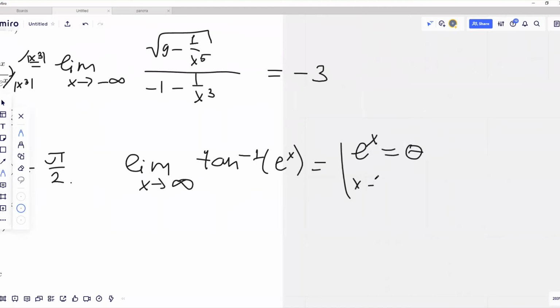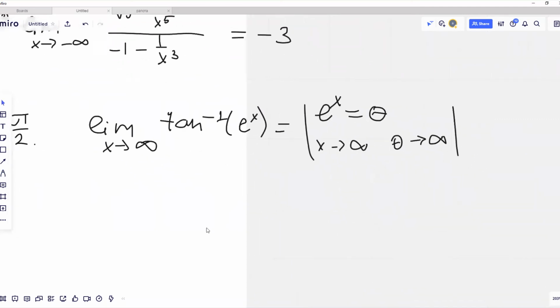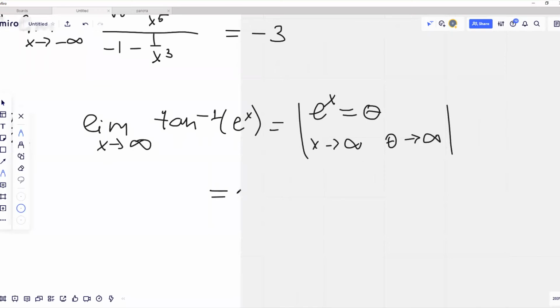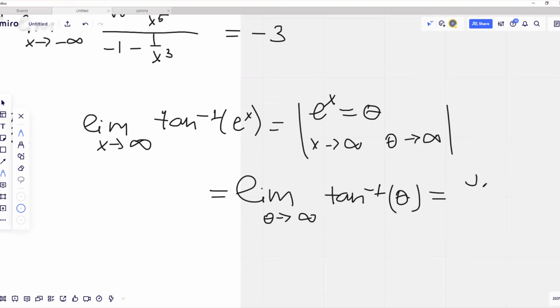Then as x goes to infinity, theta goes to infinity. So this limit here is transformed into the following limit as theta goes to infinity of arctan of theta. So this goes to pi over 2.